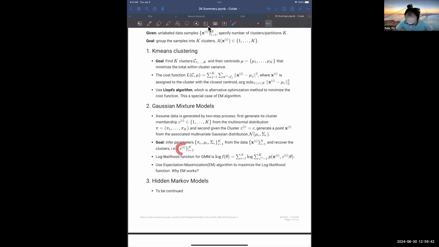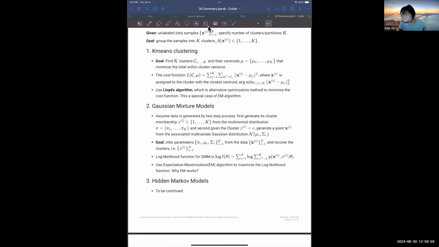These are the latent variables that we don't actually observe, so we want to use our algorithm to recover the clusters. Naturally, this becomes a clustering algorithm.